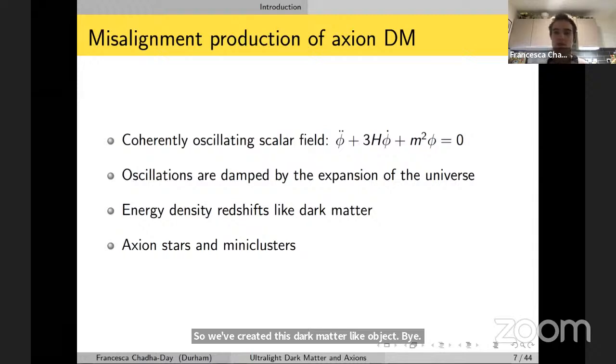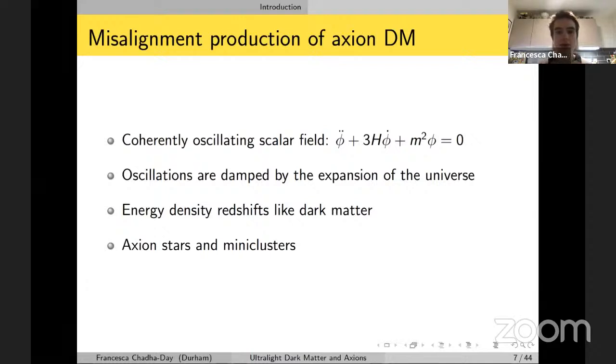And we can also think of this field either as a classical field or as a large number of very, very cold axions. So even though the axions are really light, when they're produced in this way, they're very cold. There can be an extra wrinkle to this story, because if we have this process happening in different patches of the universe, the axion field could take different initial values in those patches.